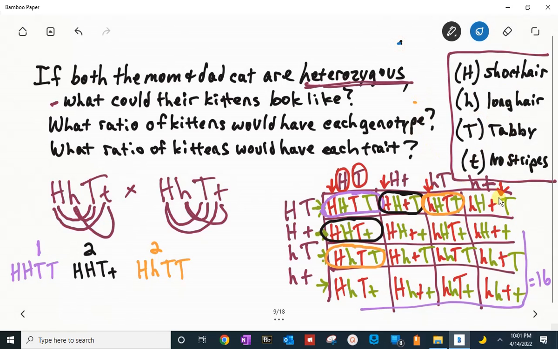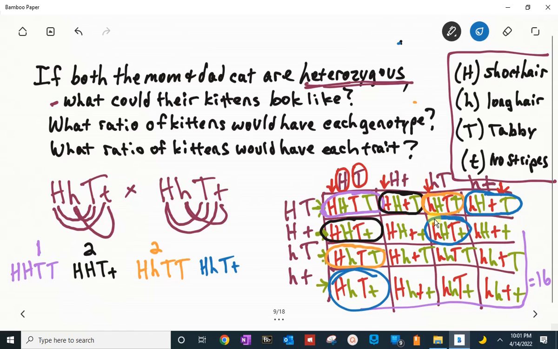Now we're going to do the next one. We have a capital H and a lowercase h, and we also have a capital T and a lowercase t. So capital H, lowercase h, capital T, lowercase t. So let's go through and find out all the squares that also have that pattern. So here's one right here. And let's see, we have one right here, a capital H and a lowercase h.